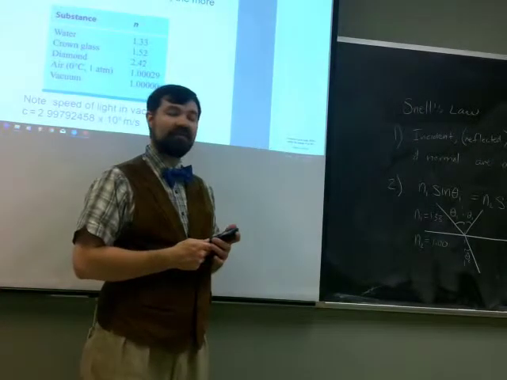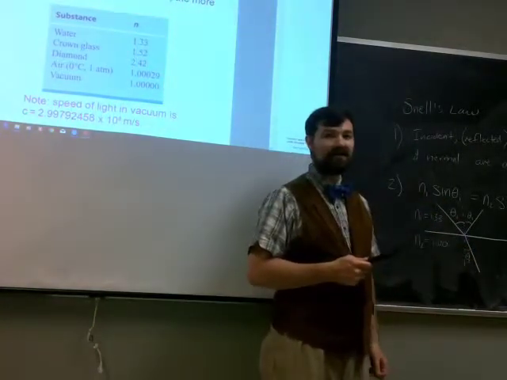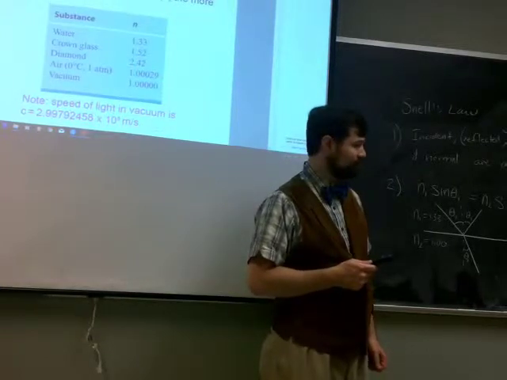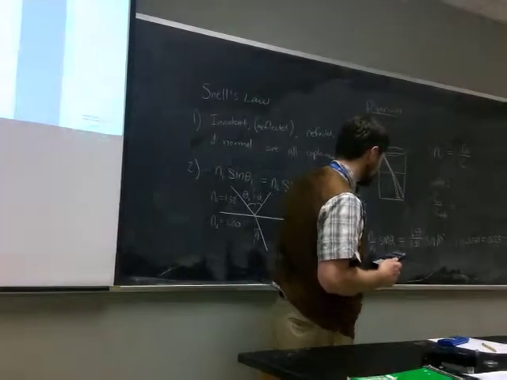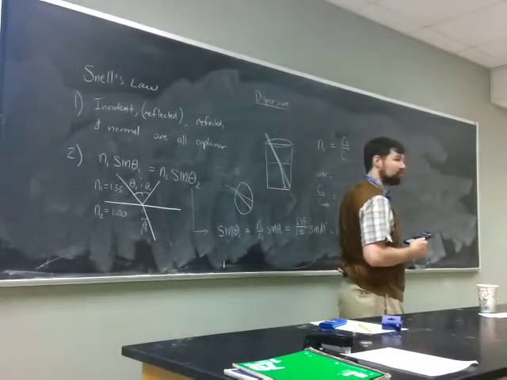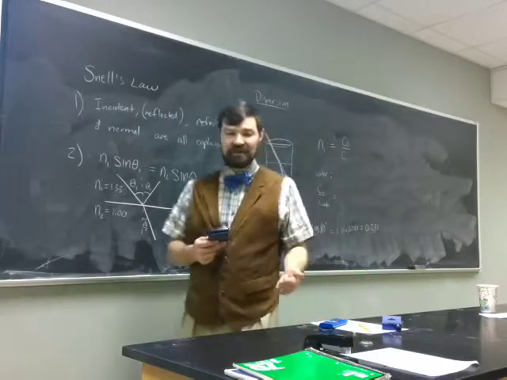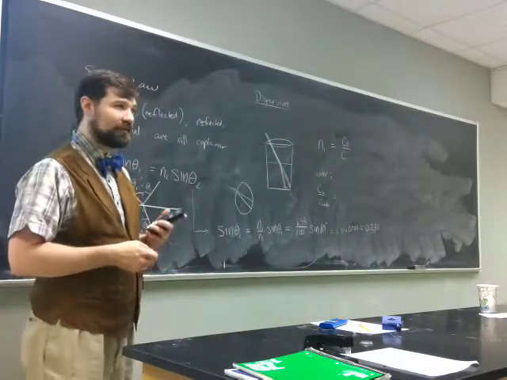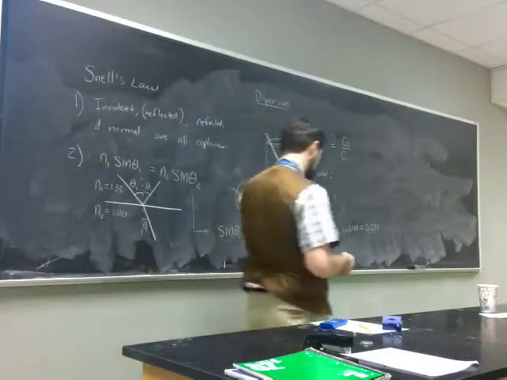So what is the angle that it leaves the water and enters the air at? Well, we just found that the sine of the angle is 0.231. So if we know what the sine of the angle is and we want to find what the angle is, we have to use the arc sine button on the calculator. That's the one that says sine -1.